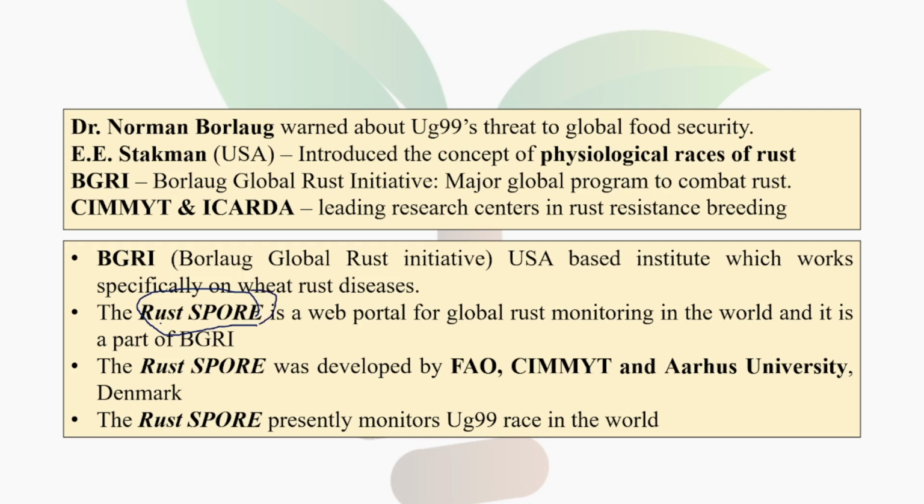It was developed by BGRI RustSpore. It was developed by FAO, the Food and Agriculture Organization, CIMMYT, and Aarhus University, that is a university. All of these combined and developed a program called RustSpore, which monitors Uganda 99, especially the Uganda 99 race. Not only the Uganda 99 race, but also other races of the wheat rust. But it is especially concentrated on Uganda 99.